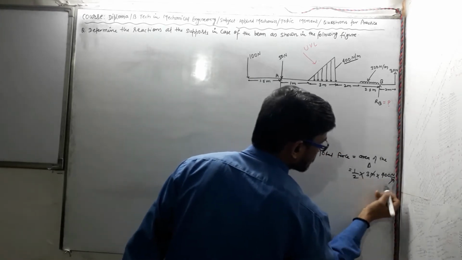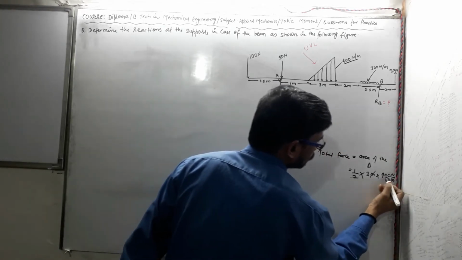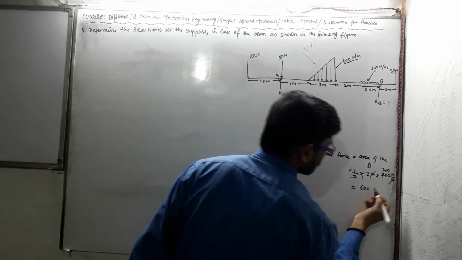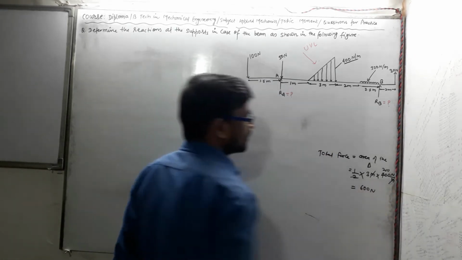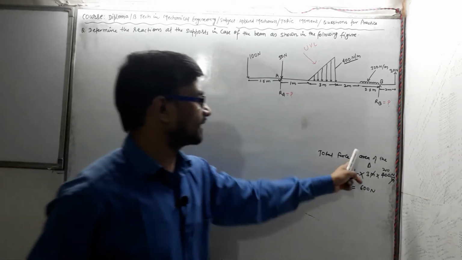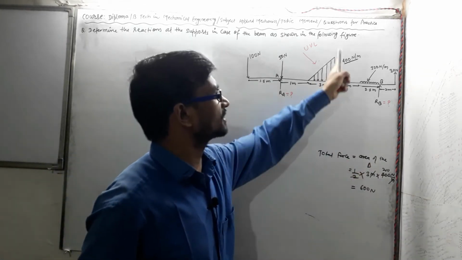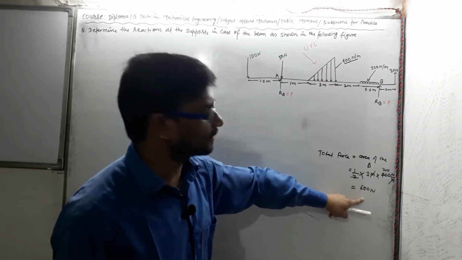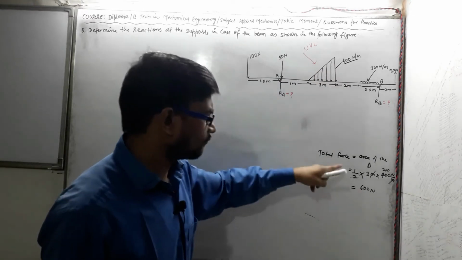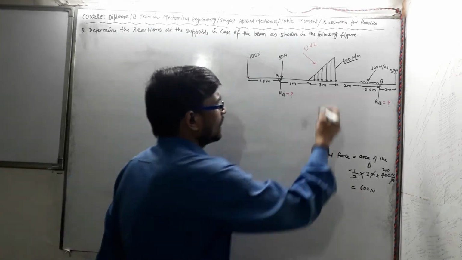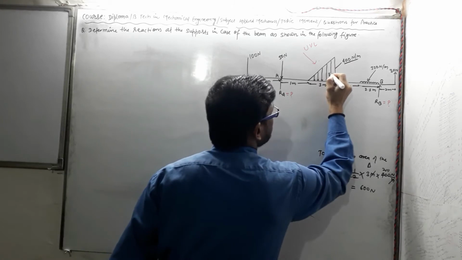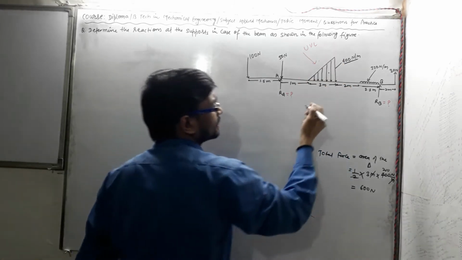The meter cancels out. So 200 multiplied by 3 is 600, and the unit is Newton. So the total force is nothing but the area of the triangle constituted by this uniformly varying load. We have obtained 600 Newton, and this force is acting at the CG, the center of gravity of this distributed load.